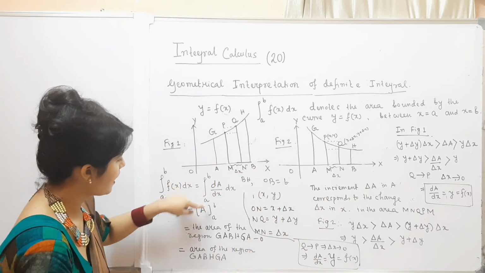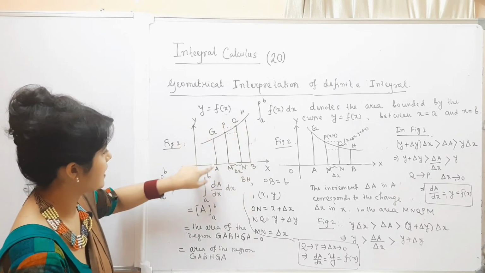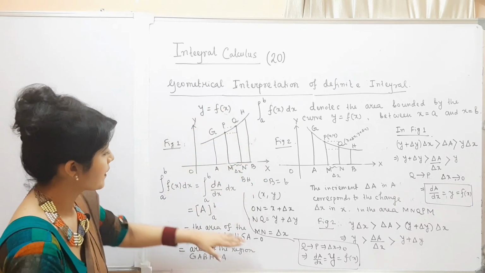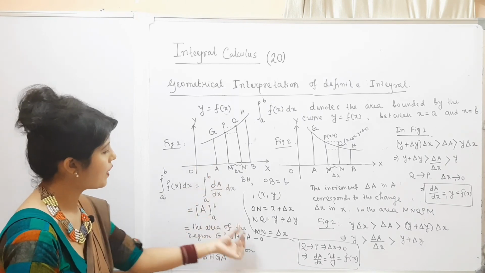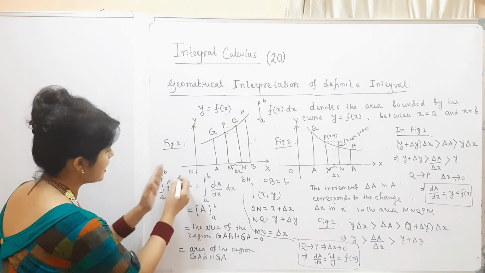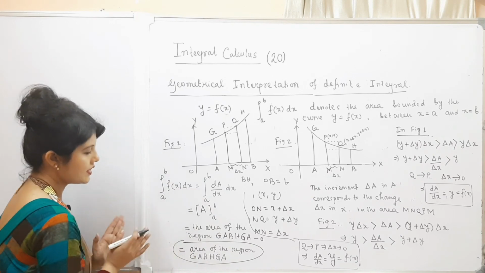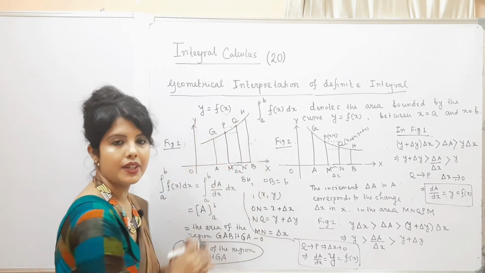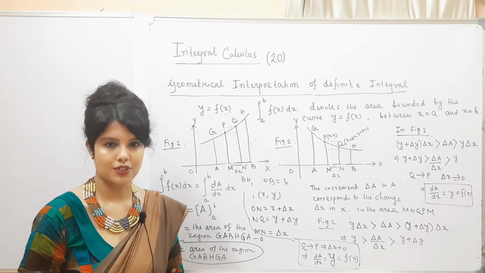Now the area of the region GABHG is this area minus the area of the region at the point A. So this area at the point A should be 0. So this explains the area of the region which is bounded by the curve y equal to f of x.